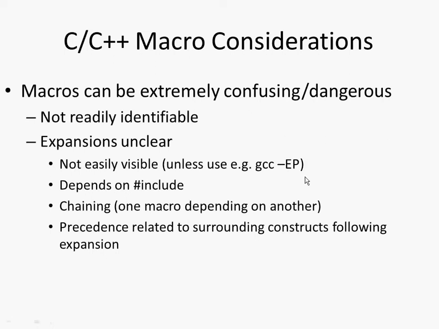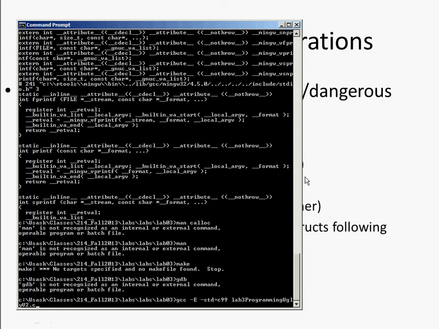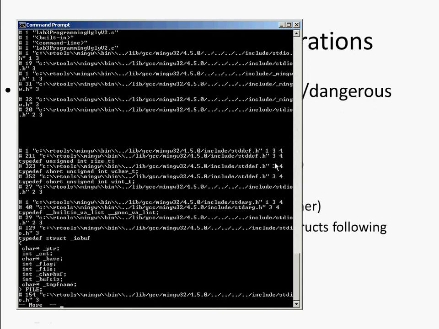So, for example, on your system, you can make them visible by using GCC, giving an option to it. GCC, it's up on the screen here. GCC minus E is useful enough for most cases, and I could go look at it, and it's actually gone and expanded all the macros. So I had a pound include stdio.h, and now it's expanded it.